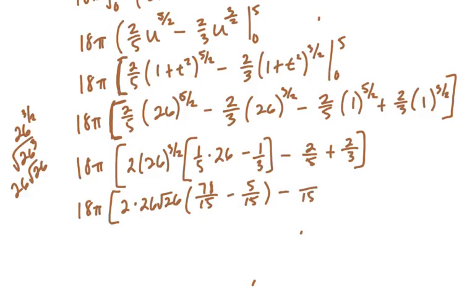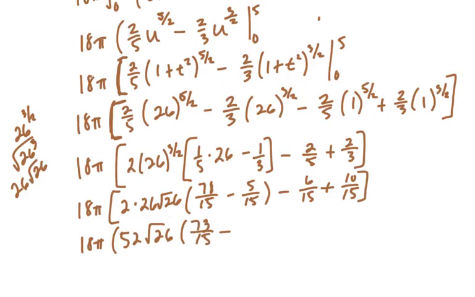Minus, multiply by 3 and we get 6. Plus 15 multiplied by 5 and we get a 10. So now we can look at this a little better. We have 18 pi. This makes 52 square root of 26 times 73 over 15 plus 4 over 15 from the two fractions on the end.